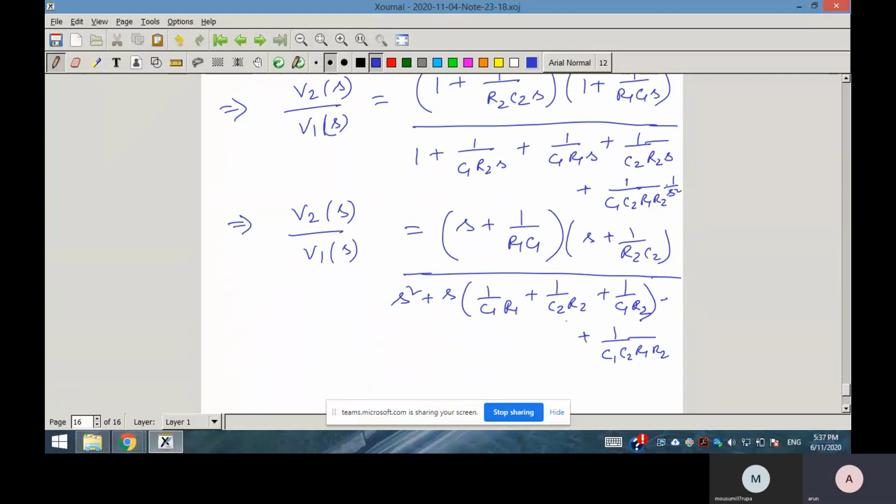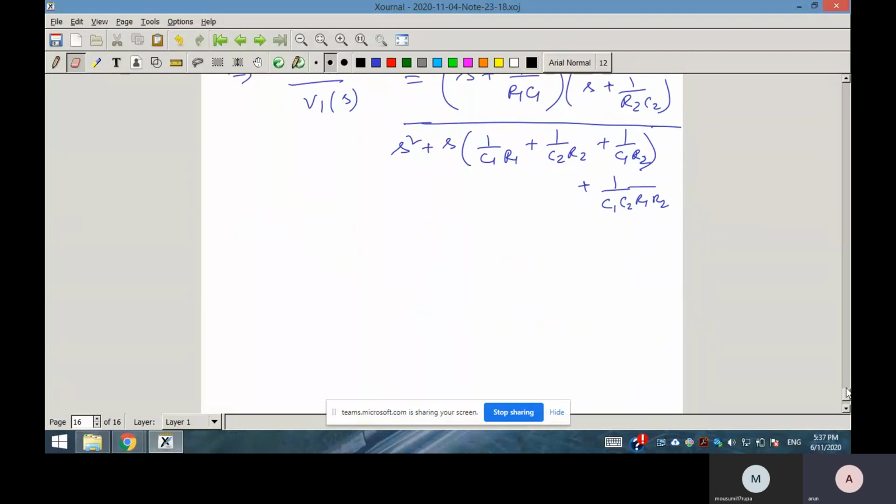Here the plus means, not additionally, that 1 by C1 C2 R1 R2 is a part of the denominator polynomial.